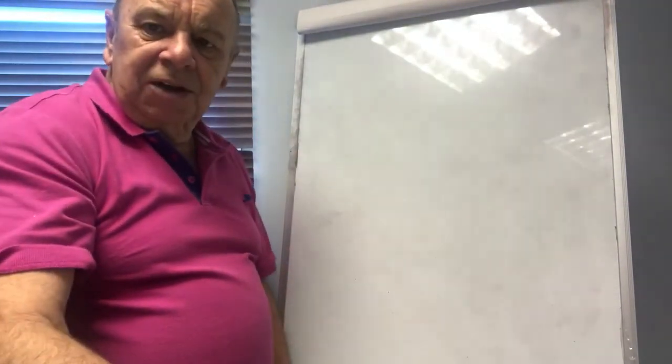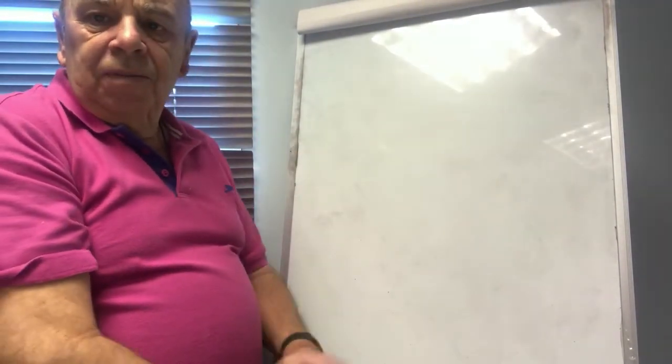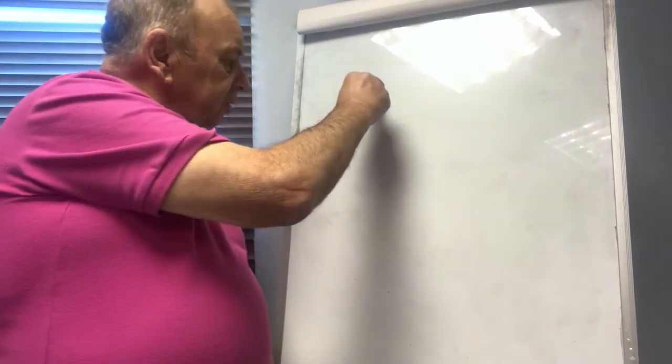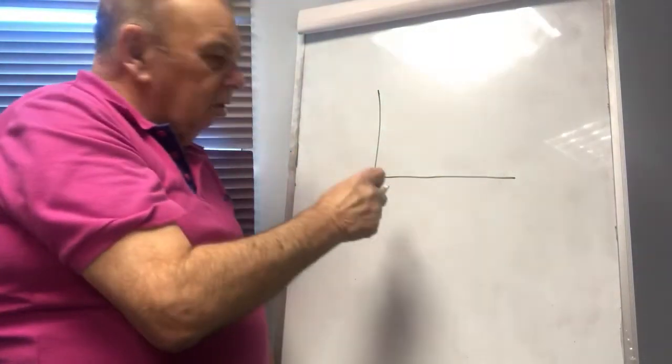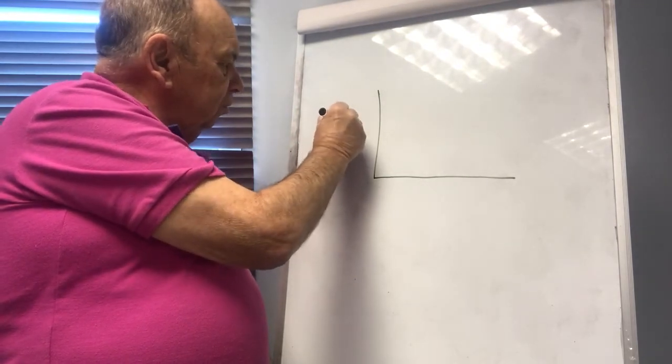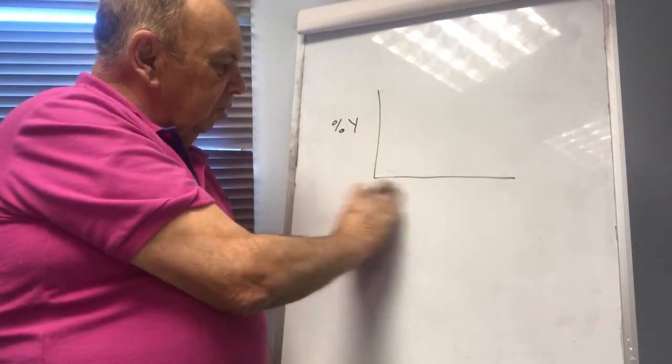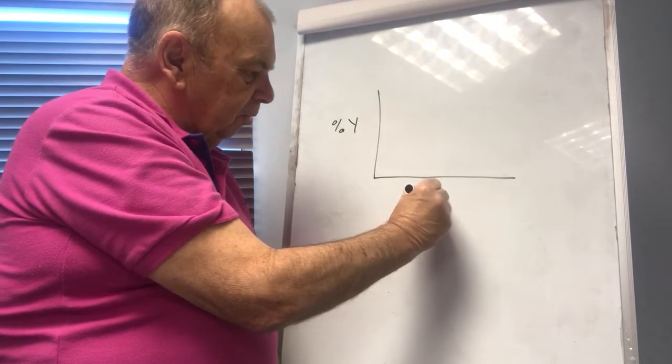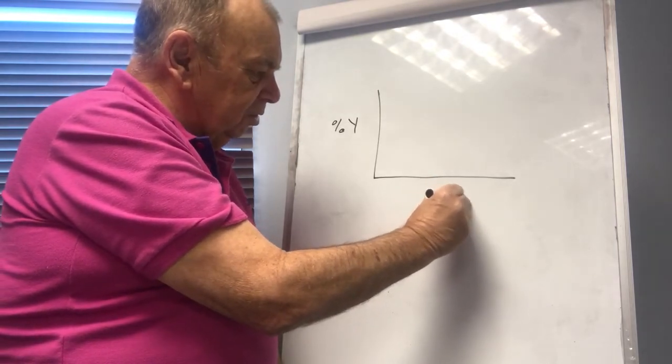So there are the three conditions, and if I plotted a chart, this is going to be the percentage yield, and this is going to be the pressure in atmospheres.